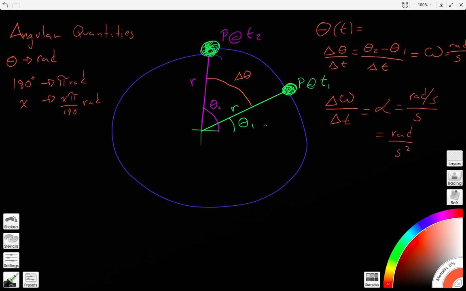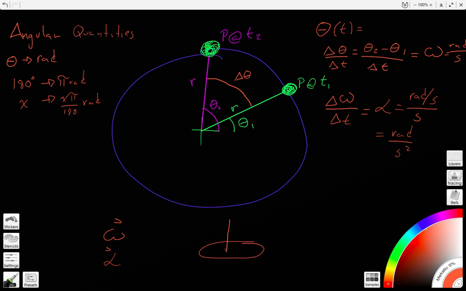Just to make things a little bit more confusing, but you don't have to worry about this right now, all of these are vector quantities as well. Both omega and alpha, the direction these vectors go, are perpendicular to the plane. Imagine that this is a circle in this plane right here.